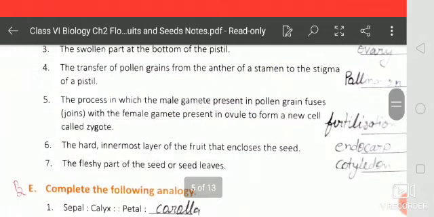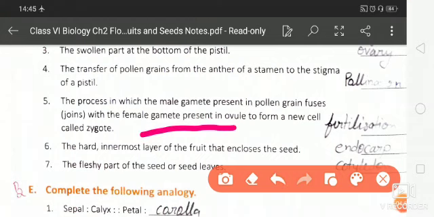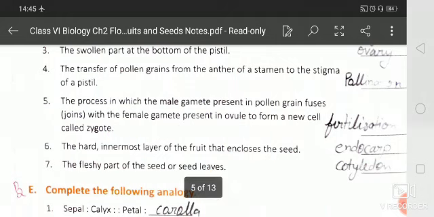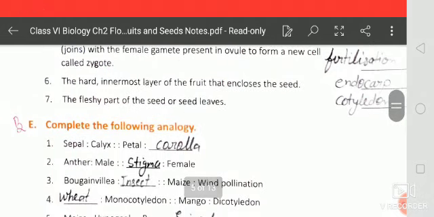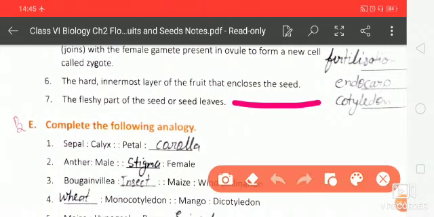The process in which the male gamete present in pollen grains fuses with the female gamete to form a new cell, the zygote, is called fertilization. The hard innermost layer of the fruit that encloses the seed is called the endocarp, and the fleshy seed leaves are called the cotyledons.